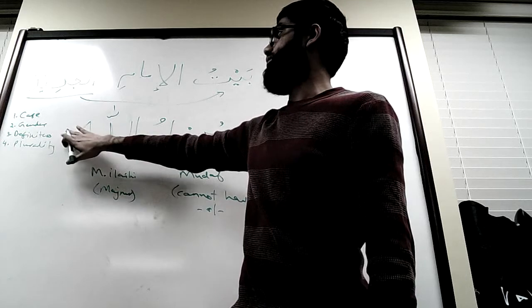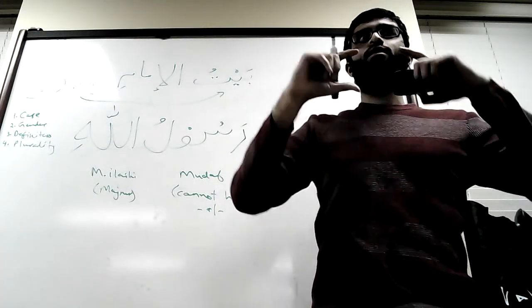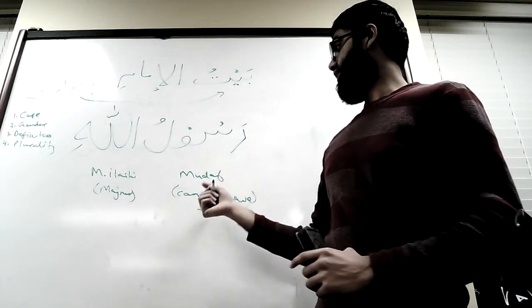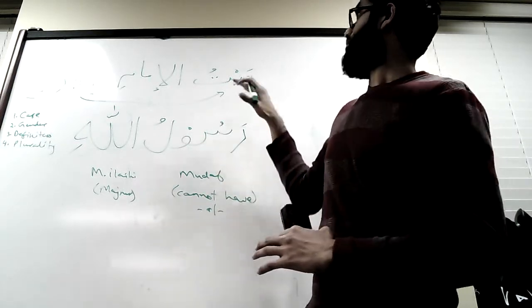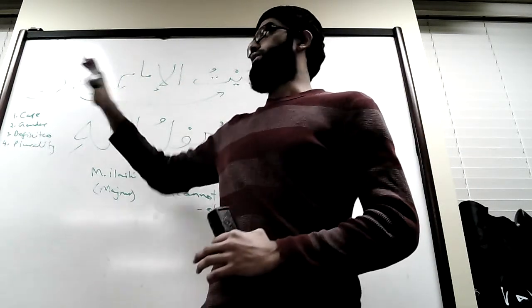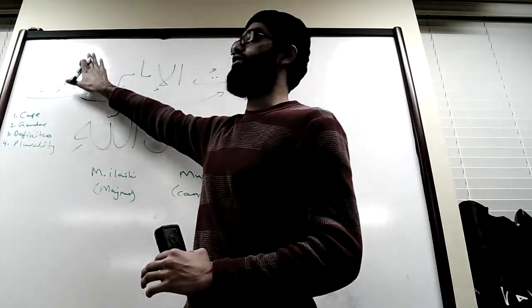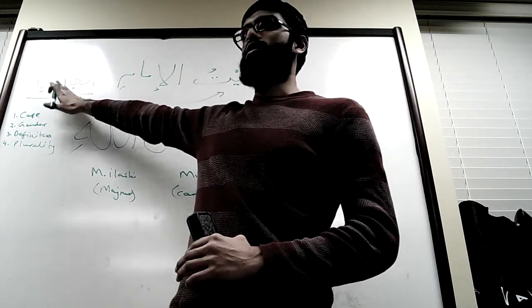Okay, this is the thing that we were saying. Definiteness. So Beitu, we said, is definite, even though it doesn't have al. It's still definite just because of the fact that it's a mudaf. So opposition, right? So exactly. So that's why we say al-jadidu. We're going to say al-jadidu, not jadidu. Okay, so it's going to match the fact, but just because this doesn't have al doesn't mean that this does not.